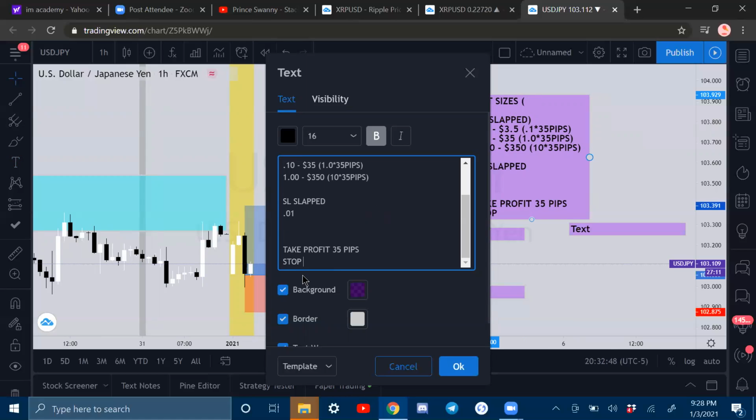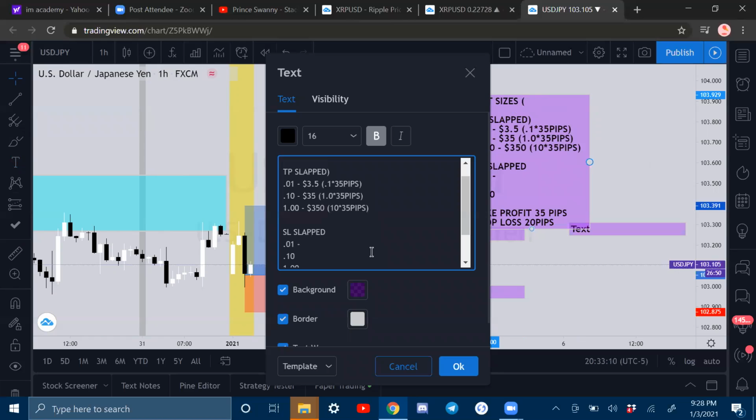Stop loss is 18. That's rounded to 20 pips. All right, so 0.01, 0.10, 1.0. So risking 20 pips on a 0.01, you know, move the decimal to the left side once, to the right side once, sorry.